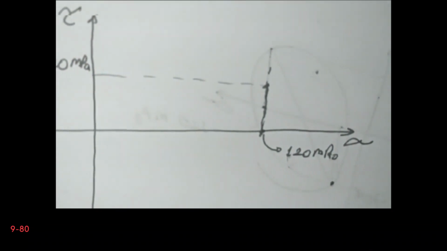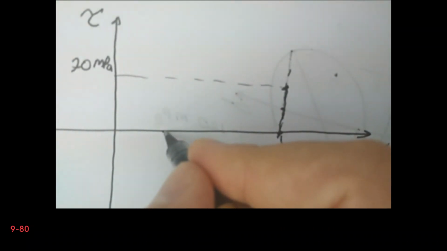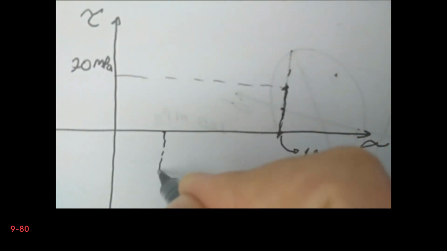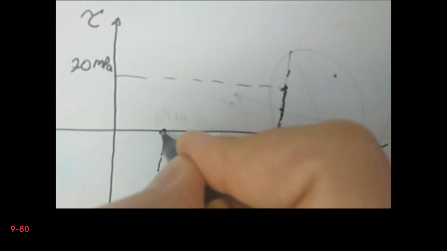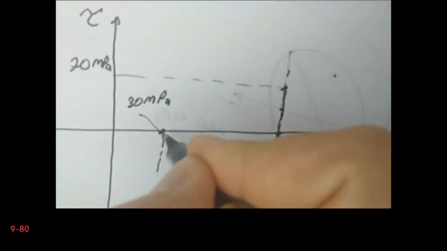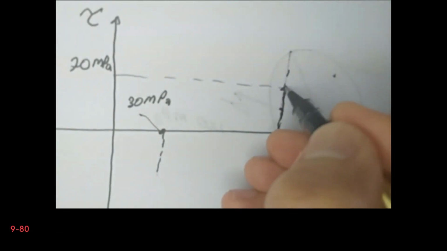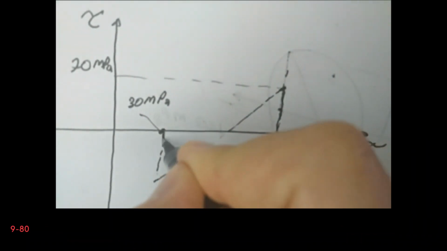And the next thing is we draw the minimum stress. Minimum stress is 30 megapascals. And then we draw the shear stress again, so minus 70 megapascals.